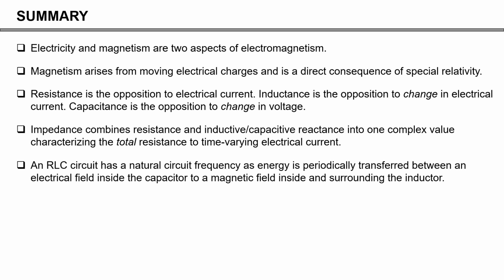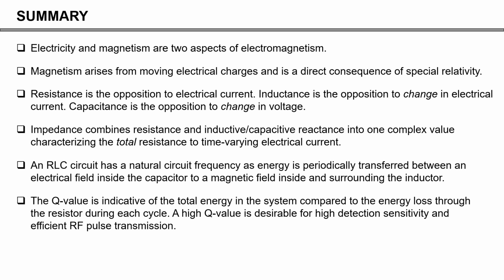And a resistance, inductance, capacitance circuit, or RLC circuit, has a natural circuit frequency as the energy is transferred from the electric field inside the capacitor to a magnetic field surrounding the inductor, and that goes back and forth, setting up that natural frequency. The Q value of this circuit is important because a high Q value basically indicates low energy losses, and so therefore you need a much lower driving voltage to get large effects.